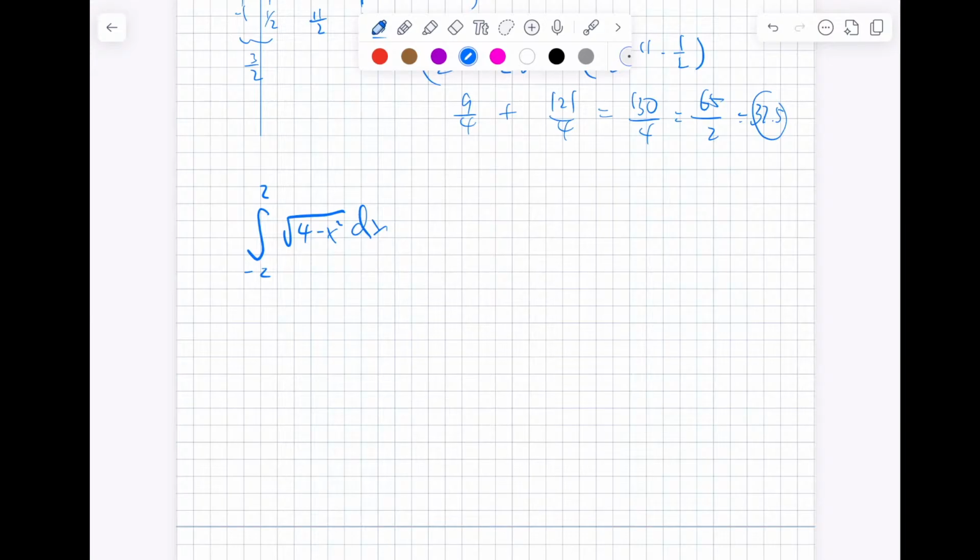You know what does 4 minus x squared look like? Huh? Does it look like that? No. Completely no. What does that graph look like?